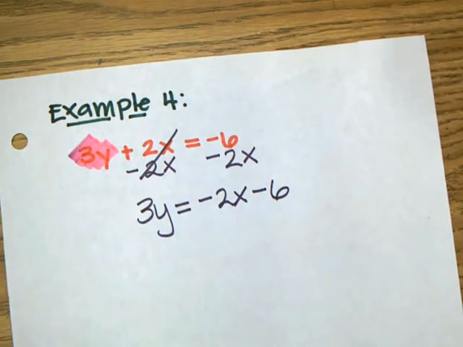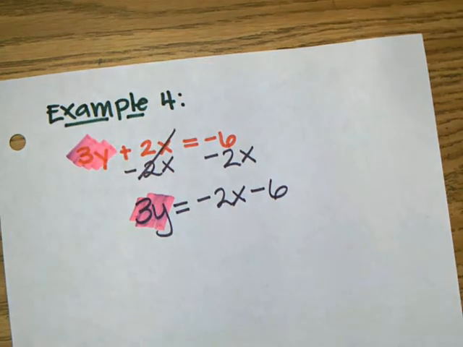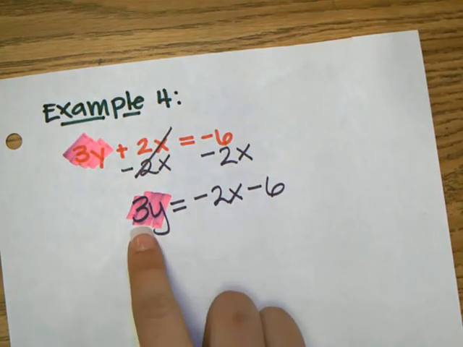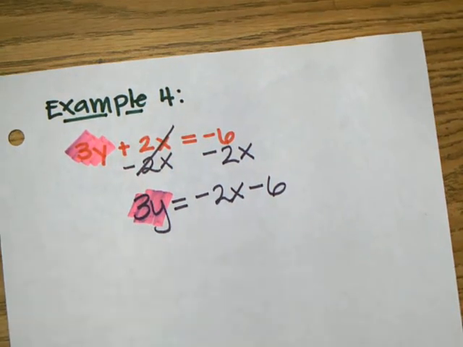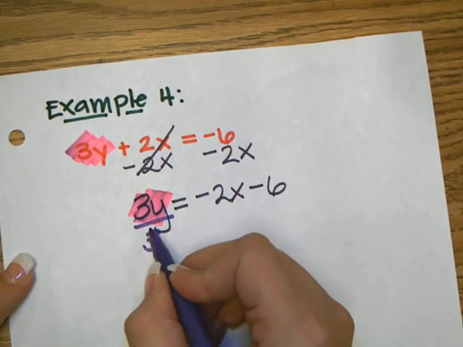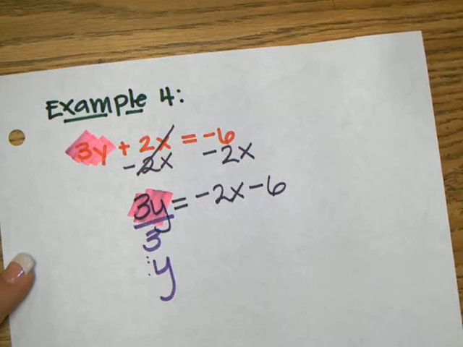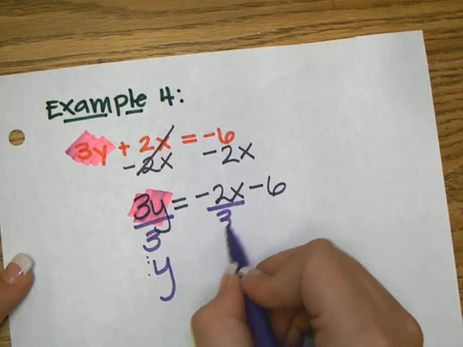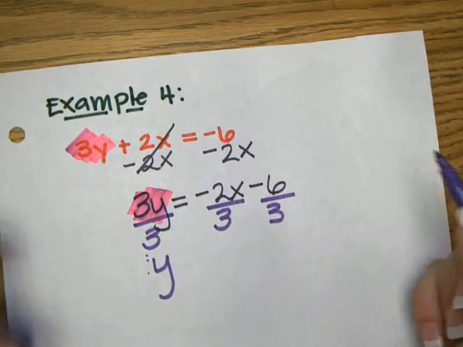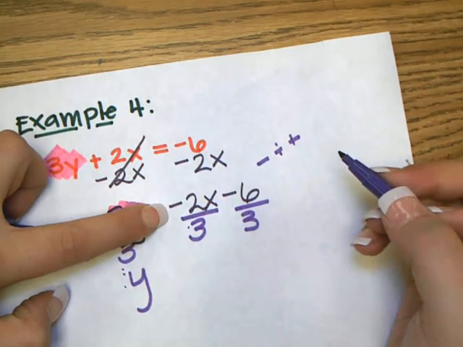I'm going to put the x term first, and then the negative 6 after. And then the very last step, to get the number in front of the y to disappear, we need to divide by 3 because 3 divided by 3 is 1y. Then we're going to divide everything on this side by 3.